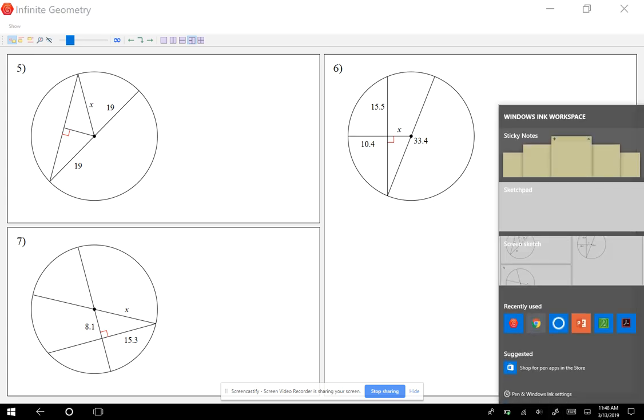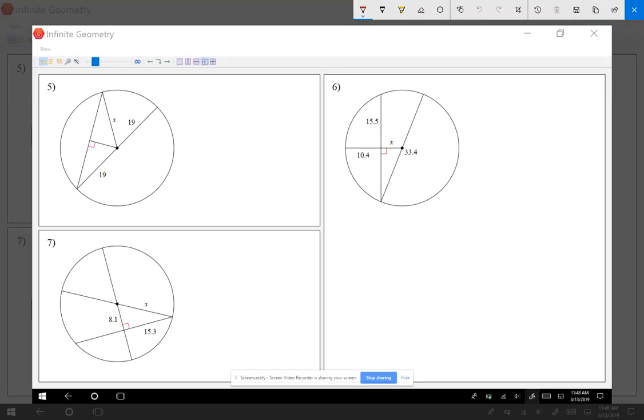Now question number 5 are the easy questions. I see here that x is a radius, and I see that 19 is another radius. One radius equals another radius. So x equals 19. There's not much to work. The answer is there. Not only radius, but I might also use chords.